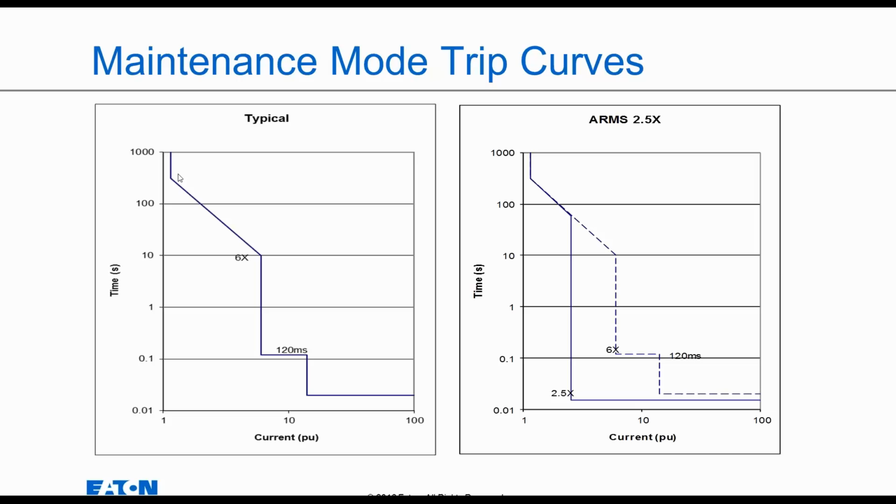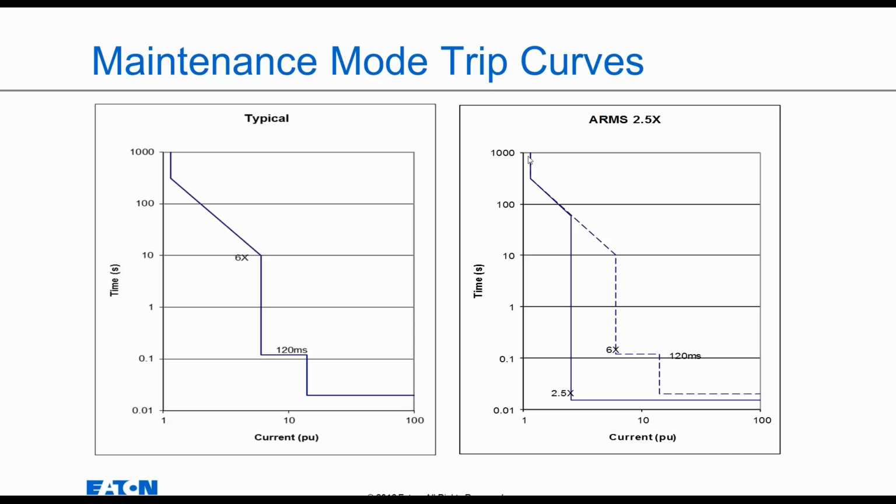And here's what I wanted to say. This is the maintenance mode curves. This shows you a typical one line of a curve for a circuit breaker, and your typical long delay, short delay, and instantaneous pickups. And what happens when you put it in the maintenance mode? A 2.x, basically a straight line curve is produced and overlaid over the existing protection.